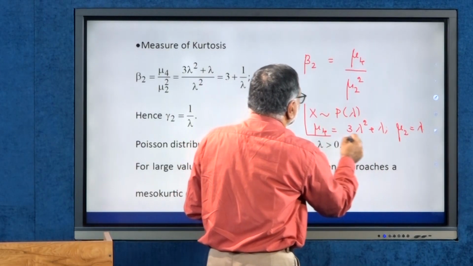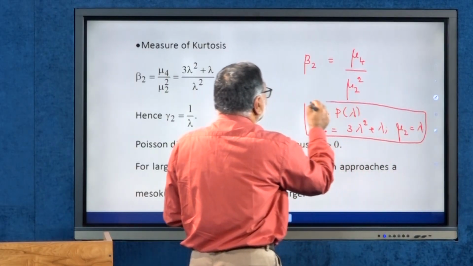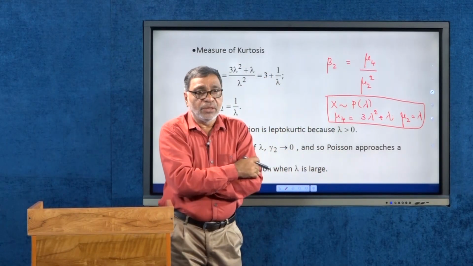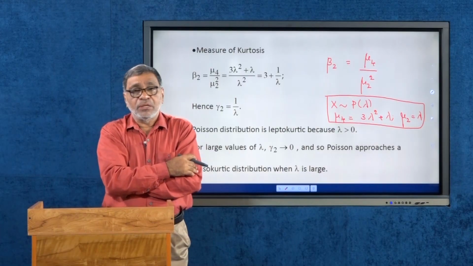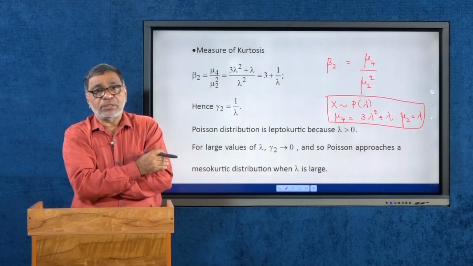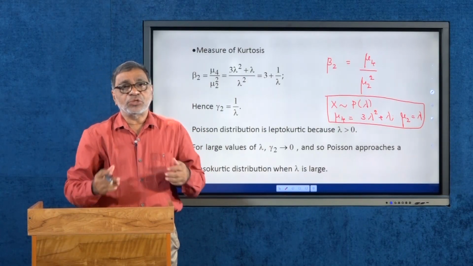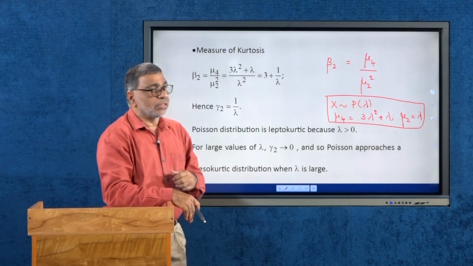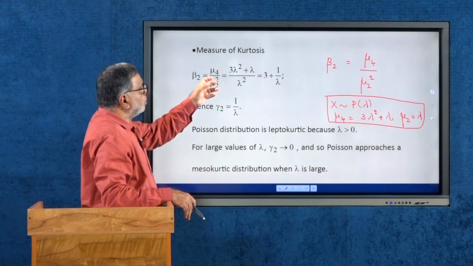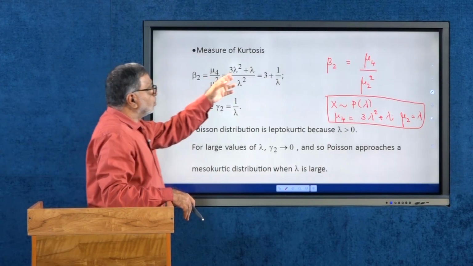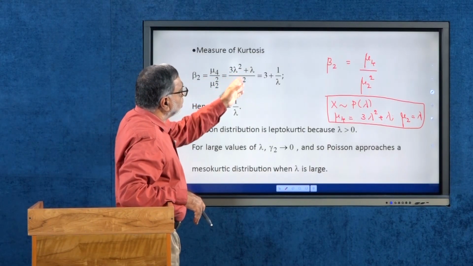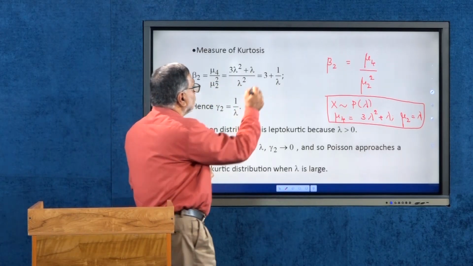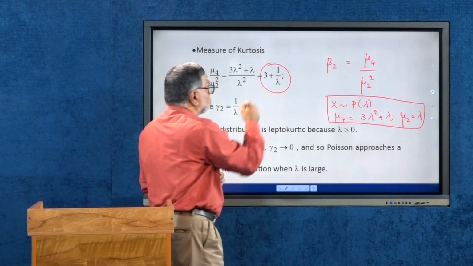So, for a Poisson random variable, X follows P(lambda), the fourth central moment is 3 lambda square plus lambda, and the second central moment is equal to lambda. Substituting these values in beta 2, we have (3 lambda square plus lambda) divided by lambda square, and that simplifies to 3 plus 1 by lambda.